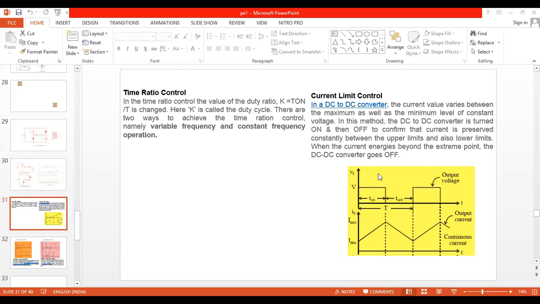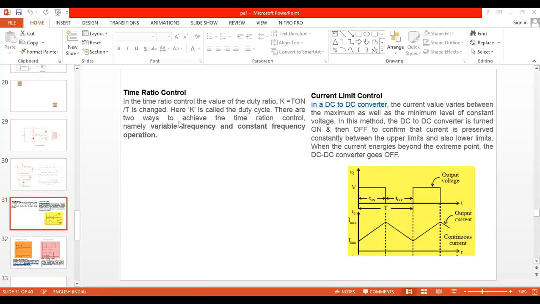So current limit control technique says that we can control the speed of the motor by controlling the value of the current from minimum value to maximum value. Whereas time ratio control depends on the variable frequency and constant frequency.